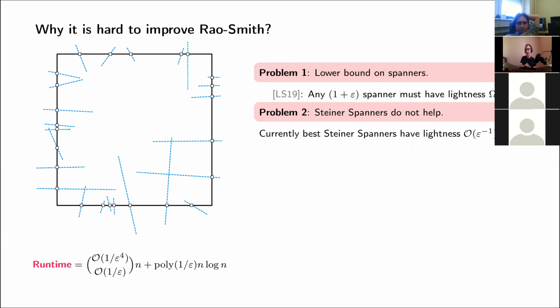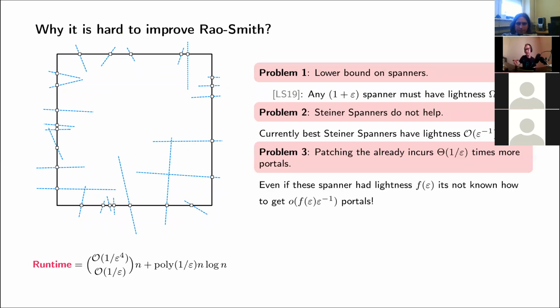And currently, in SODA 2021, there is a Steiner spanner construction that has as little lightness as we would like, and using it would be great. Unfortunately, there is one problem with that: on average you basically have 1/epsilon crossings, but it may happen that it is actually superlinear.